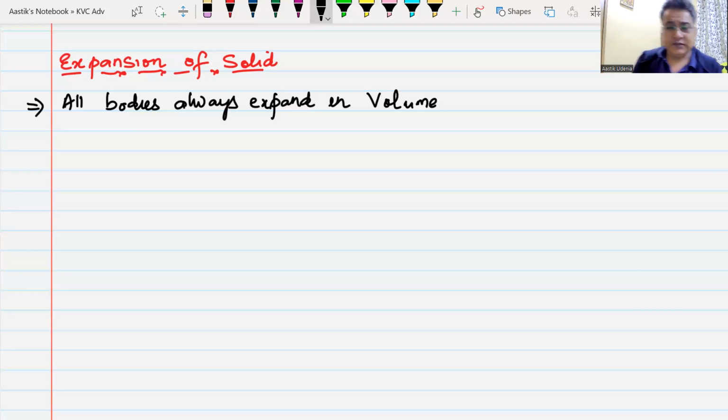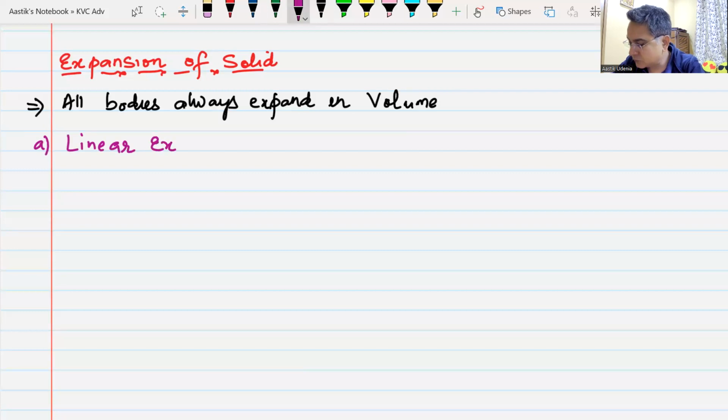So, since there can be solid bodies whose one dimension can be very large compared to the other two dimensions, or whose two dimensions can be very large compared to the third dimension, we can have three types of expansion for solids. The first type of expansion of solids is known as linear expansion.